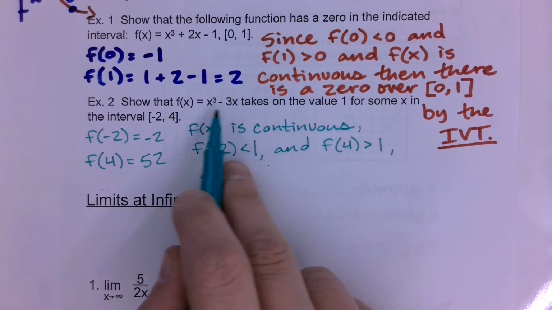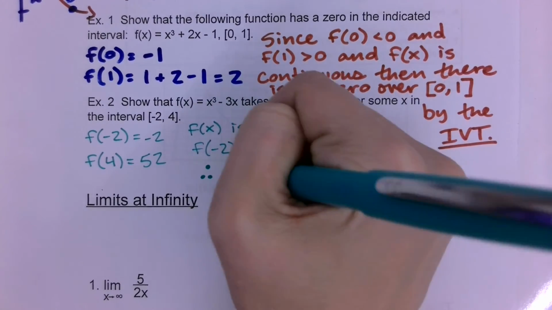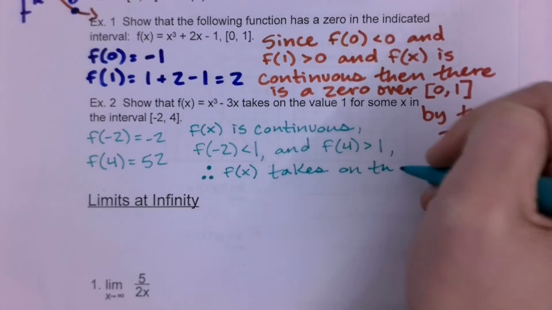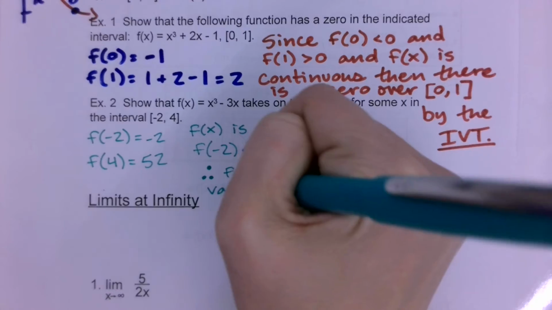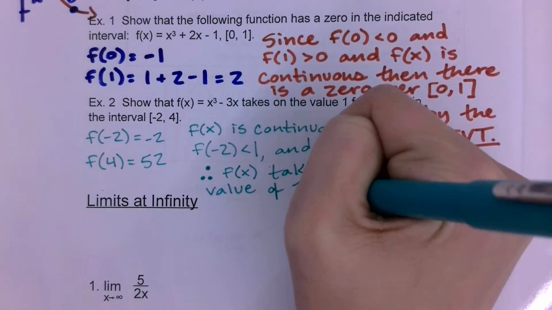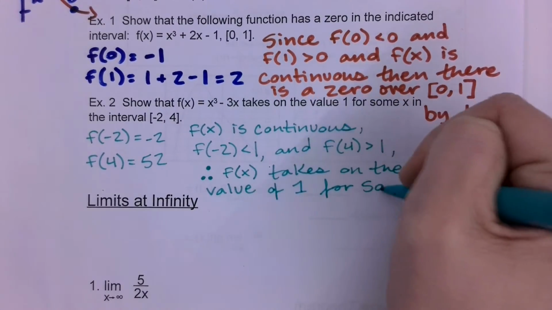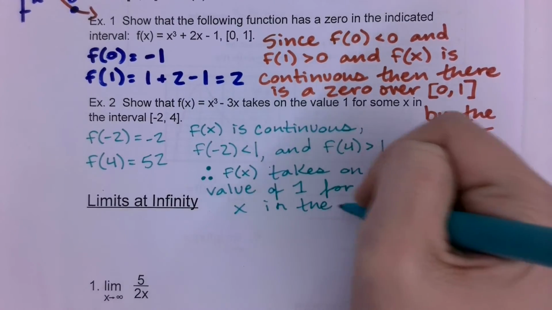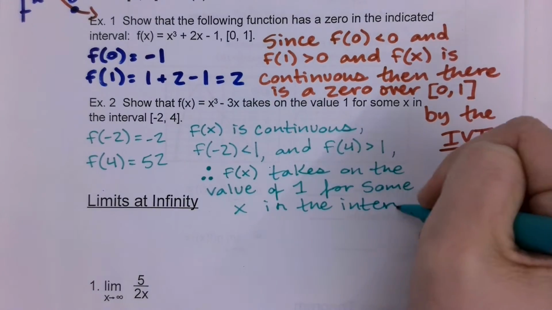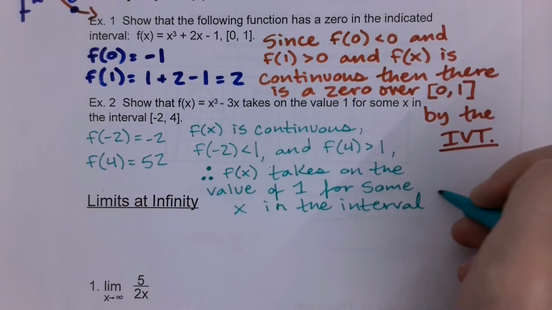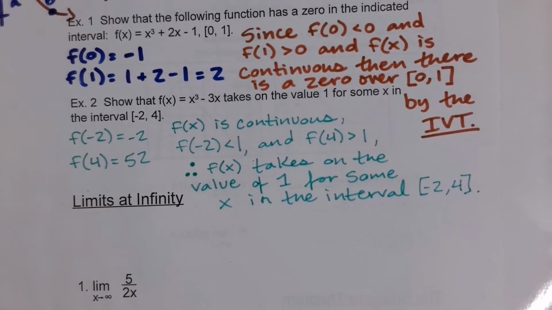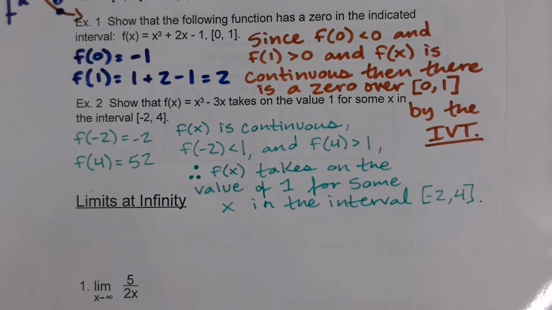We could say f of x takes on the value of 1 for some x. So if you're ever not sure how to word things, sometimes the way that they asked it can help you a little bit. That whole last part, I just regurgitated what they said. Therefore, f of x takes on the value of 1 for some x in the interval -2 to 4.